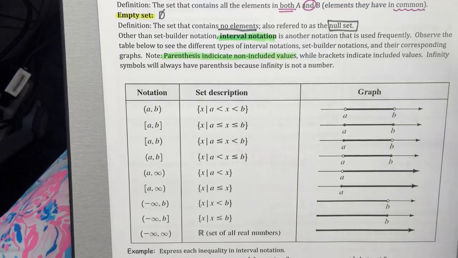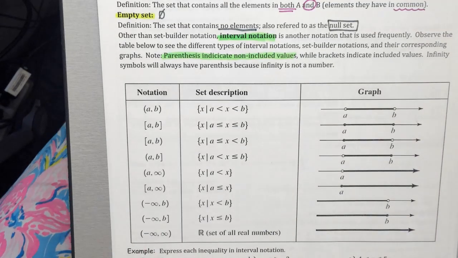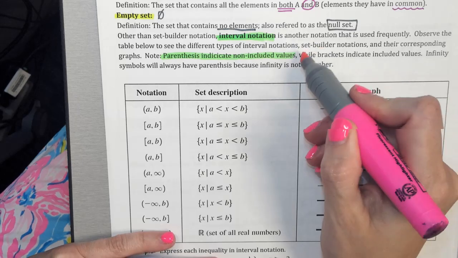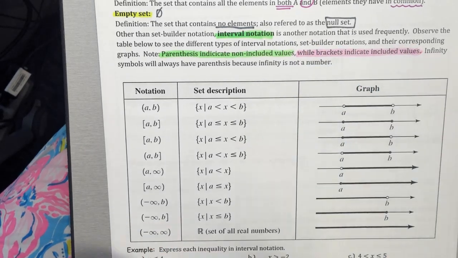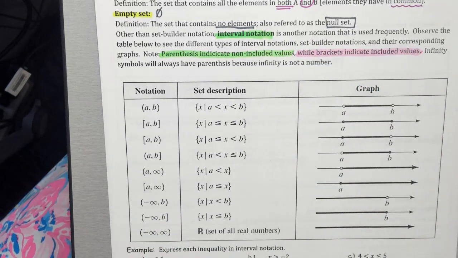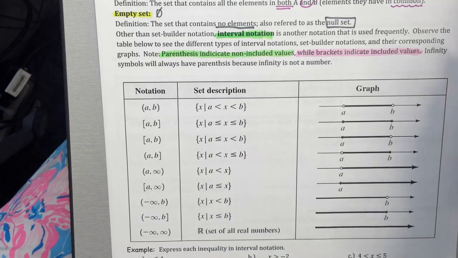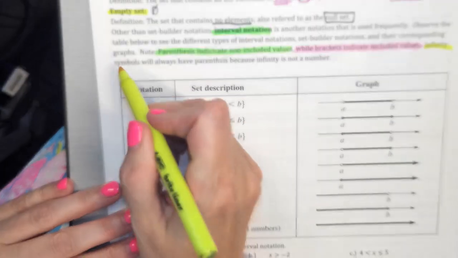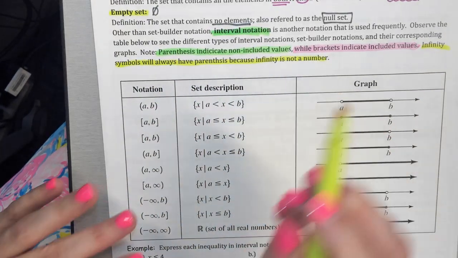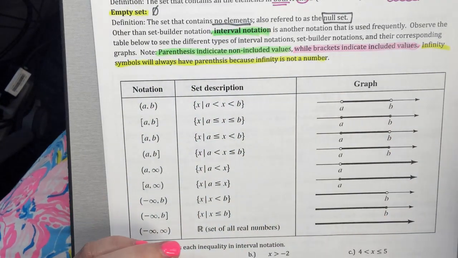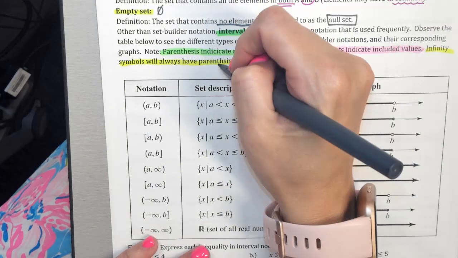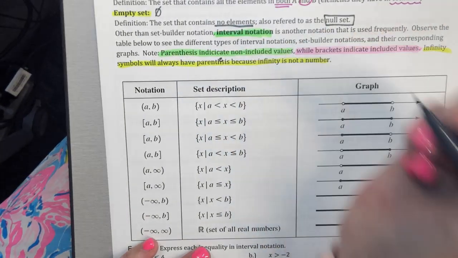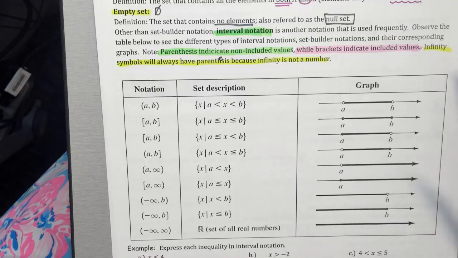Brackets are when you do include them. So you have a closed circle for brackets, and parentheses will have an open circle. The infinity symbol is always going to have parentheses because infinity is not a number, it's an idea. And I did miss an E here, it's parentheses. You can add that in for me, I appreciate it.